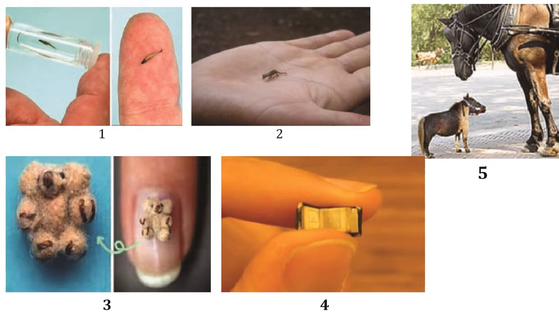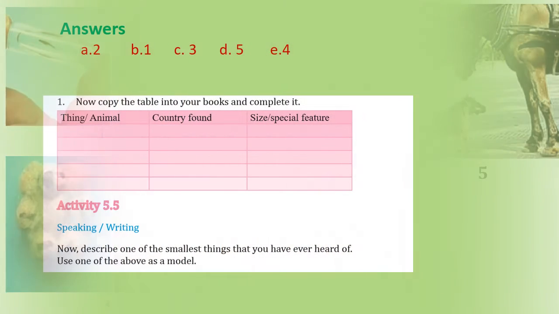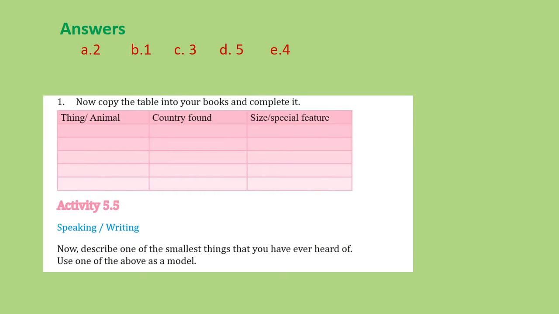Now children, read the descriptions one by one yourself. Study the pictures and do the matching exercise. Then you can check your answers. Here are the answers. If you are interested in knowing more about the smallest animals in the world, there is a link here.